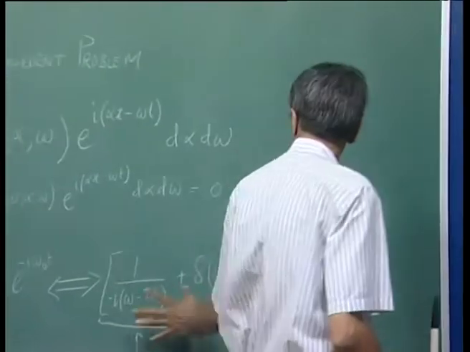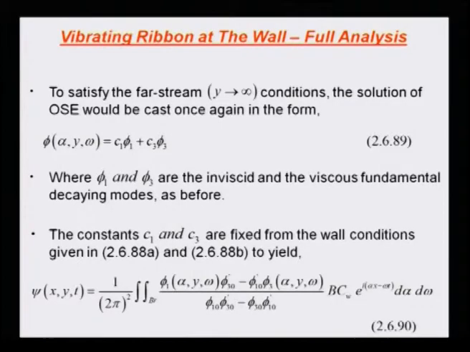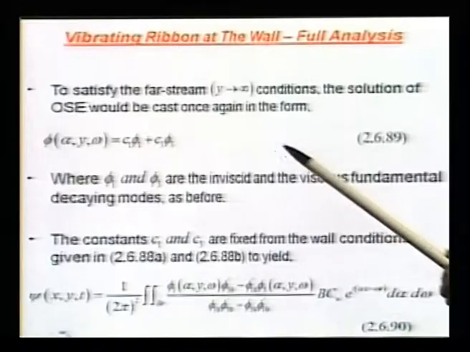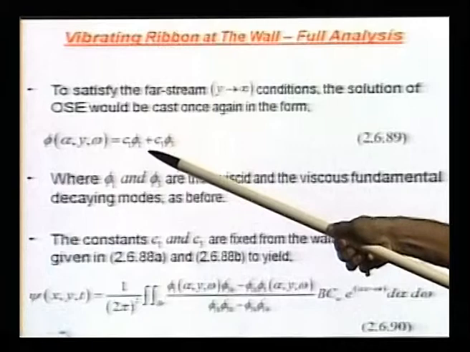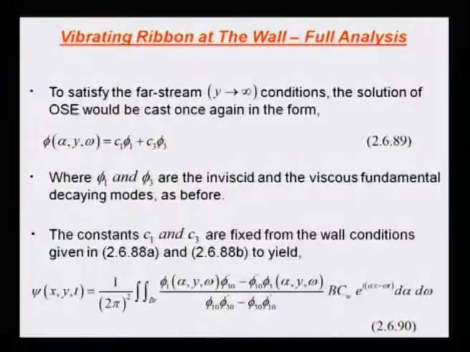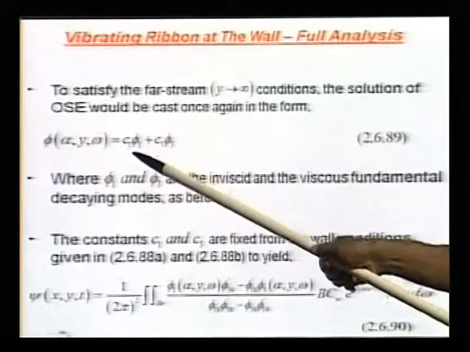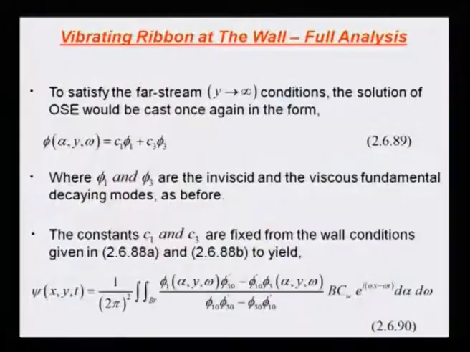If we do not worry about this, we would now like to explain the problem in terms of those 2 fundamental modes which decay with height, given by phi 1 and phi 3. It is the same thing. What you do now is fix C1 and C3 in terms of the new boundary conditions that we have proposed at y equal to 0.